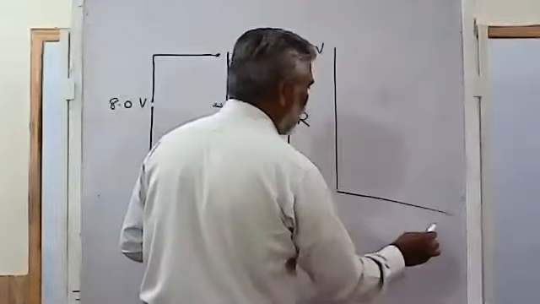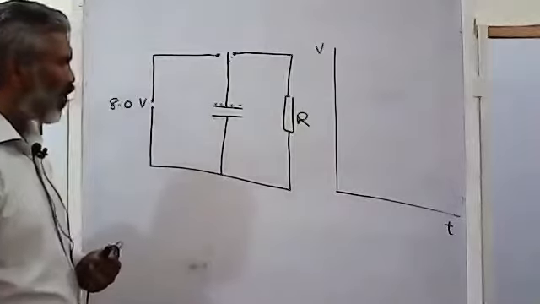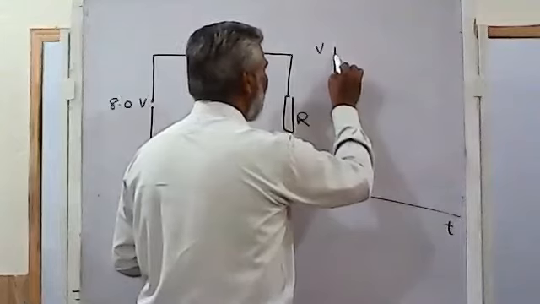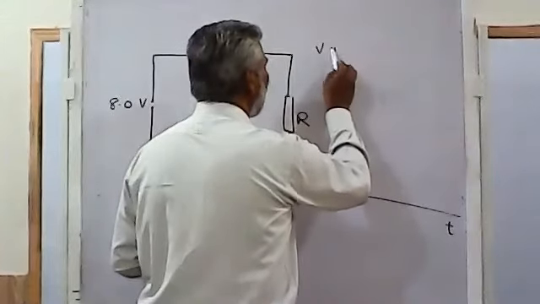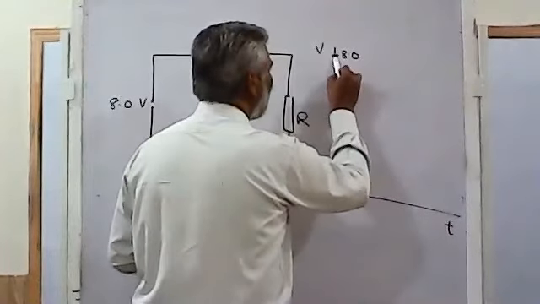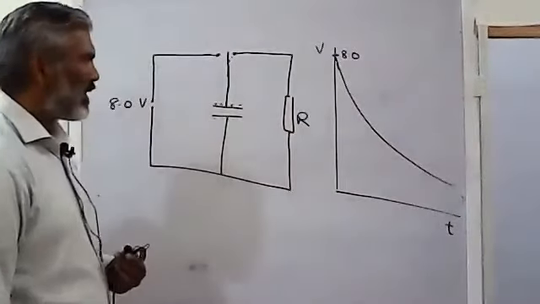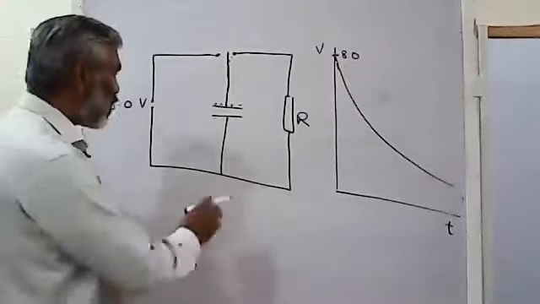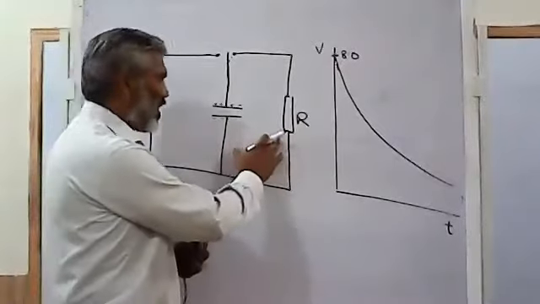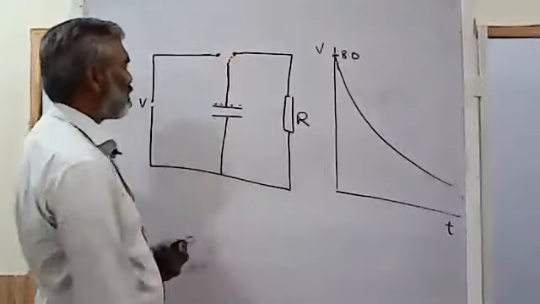This is the V-T graph, how the voltage drops when you allow it to pass through this. It starts from 8. Let's say this is the initial value of 8 volt. This is 8. And this is how it decreases. Let's say this is the manner in which the voltage decreases across this capacitor when you allow it to discharge through this resistance R by connecting this switch to this side.